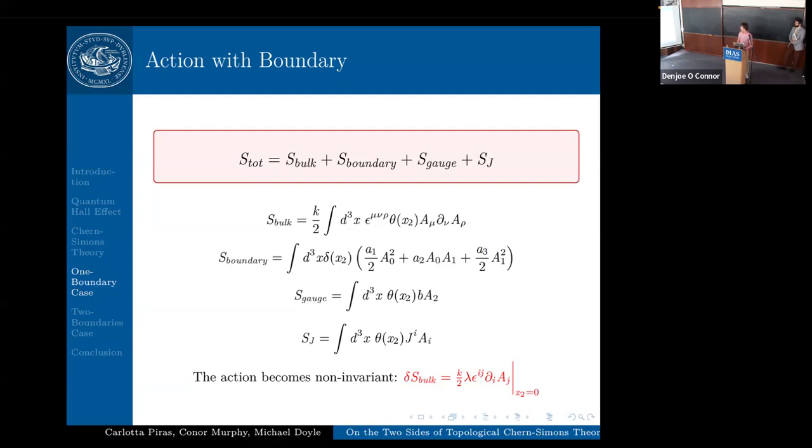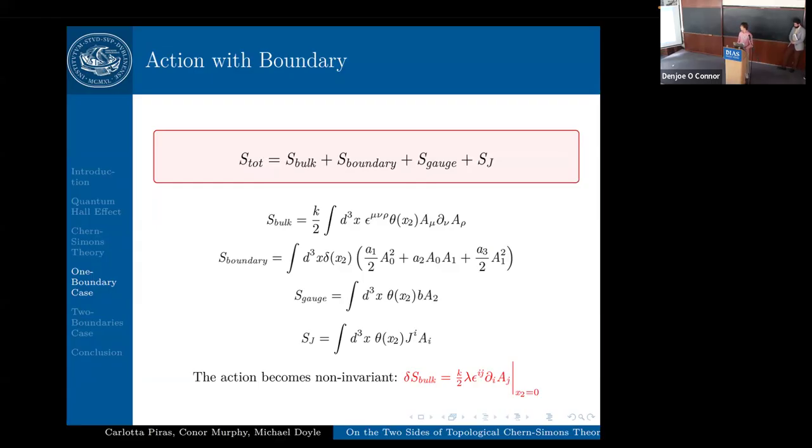We fix the gauge through a Lagrange multiplier field B through the on-shell equations of motion of B. And here we fix the axial gauge that A2 is equal to 0. Now, this is fine because we are already breaking Lorentz symmetry by the introduction of the boundary.